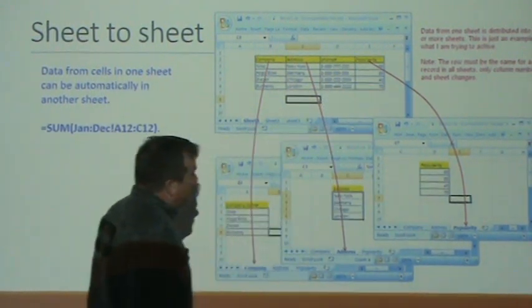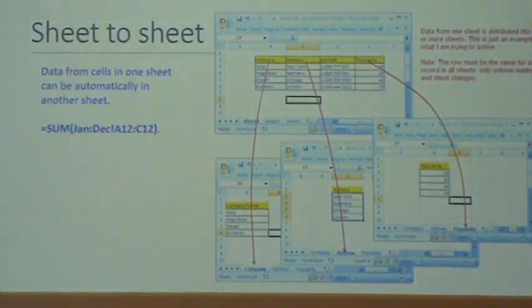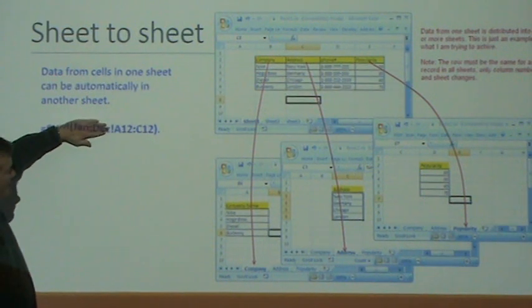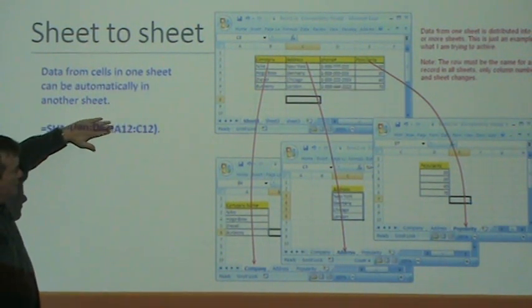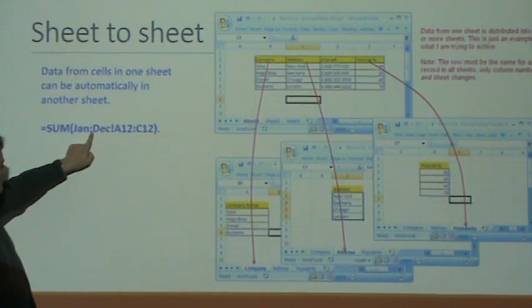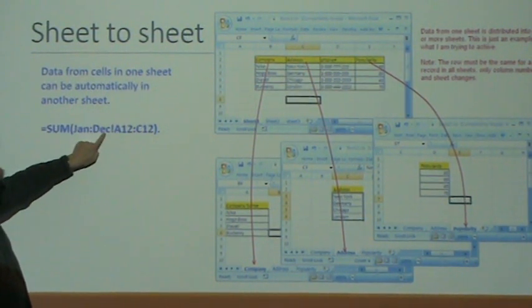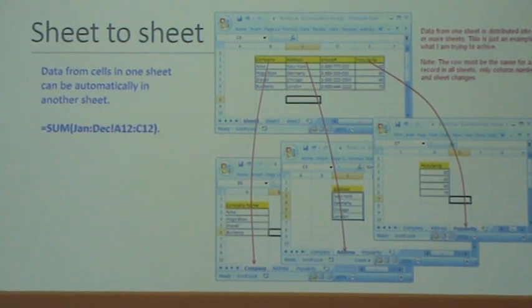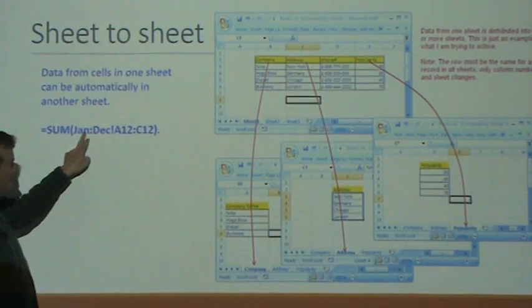Now, you know how you could say sum and then a range of fields, like A12 through C12? I could also say from sheets January through December, then an exclamation point, and add up all of these rows. That basically says go through all of my sheets from January to December.